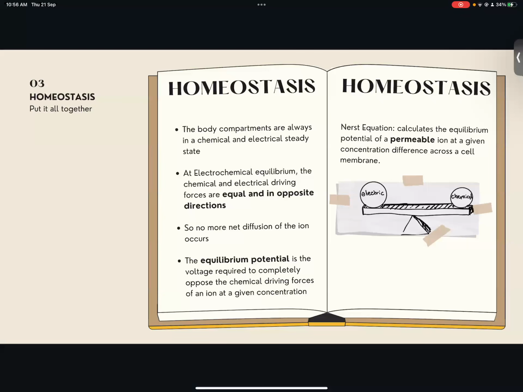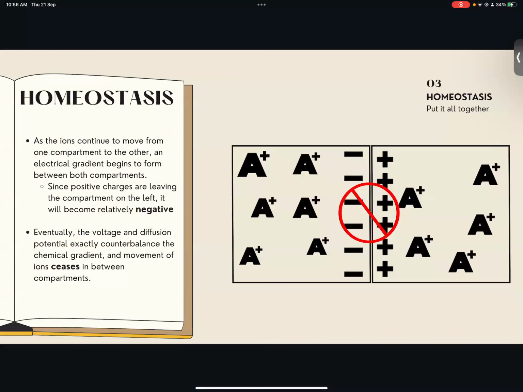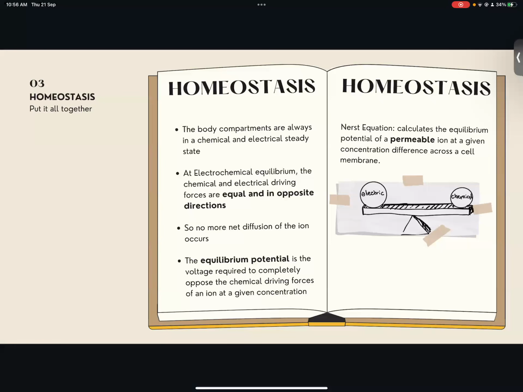So they'll both be pulling in opposite directions, and that's why we see no net movement of ions once that electrochemical equilibrium begins to form. So no more net diffusion of the ion occurs. The equilibrium potential is the voltage that's required to completely oppose the chemical driving force of an ion at any given concentration.